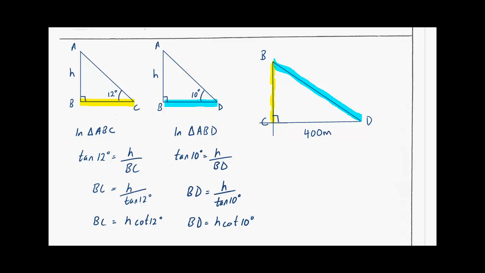Okay, so we now have an expression for BC up here, which is H cot 12 degrees, and BD is H cot 10 degrees.